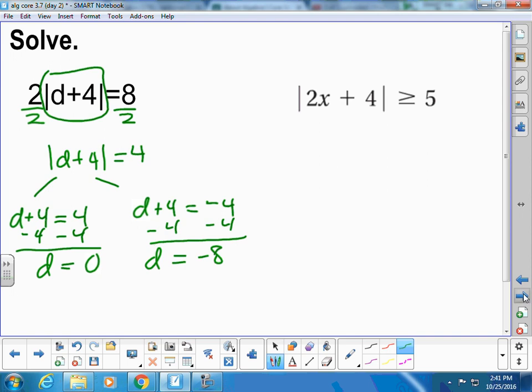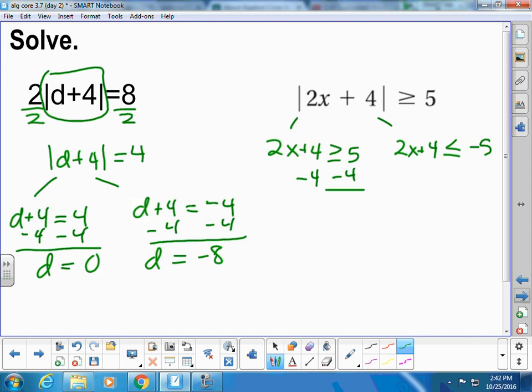Let's try this one. This one, everything is in the absolute value, so I can just start by making my two cases right away. 2x plus 4 is greater than or equal to 5, and 2x plus 4 is, flip it and switch the sign, less than or equal to -5.